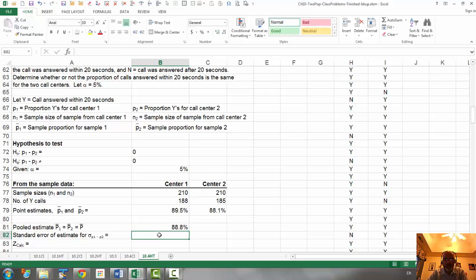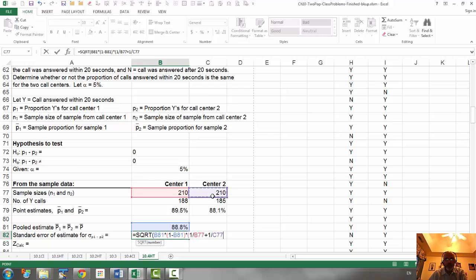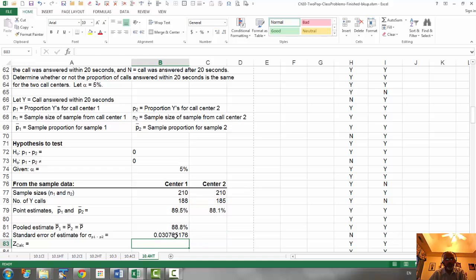And then standard error of estimate then is square root of P bar times 1 minus P bar times 1 over n sub 1 plus 1 over n sub 2, right brackets. So that's our standard error of estimate.